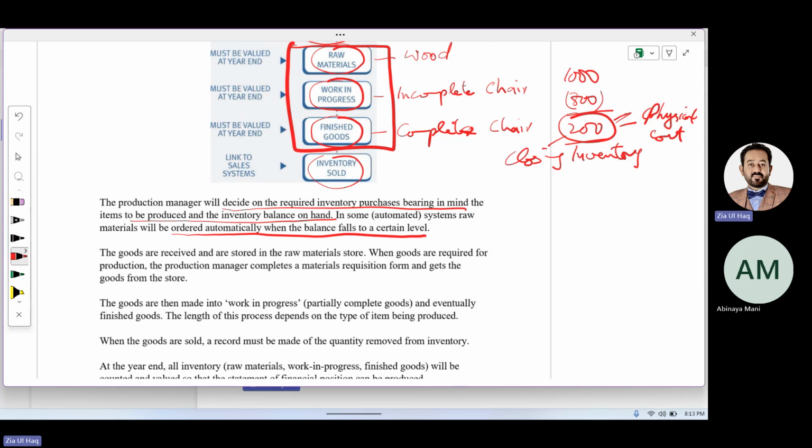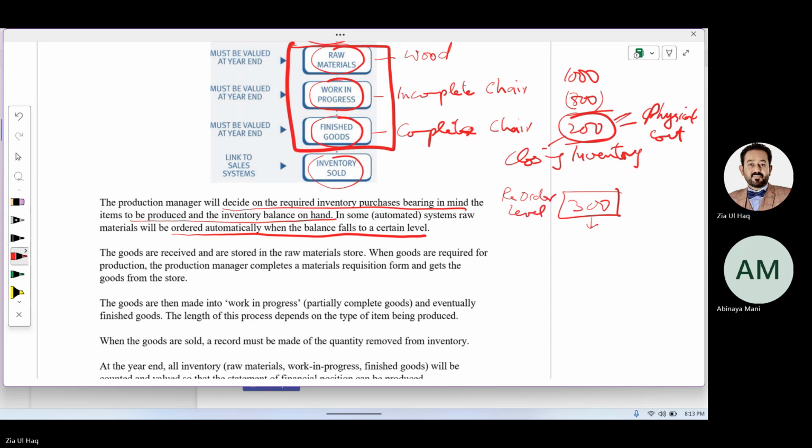This means the company needs to set their lowest inventory level, like for 300 units, we should keep inventory at all times. If the inventory balance falls below this 300, the system should highlight it so that they can order more inventory from the supplier. That minimum level is called the reorder level.